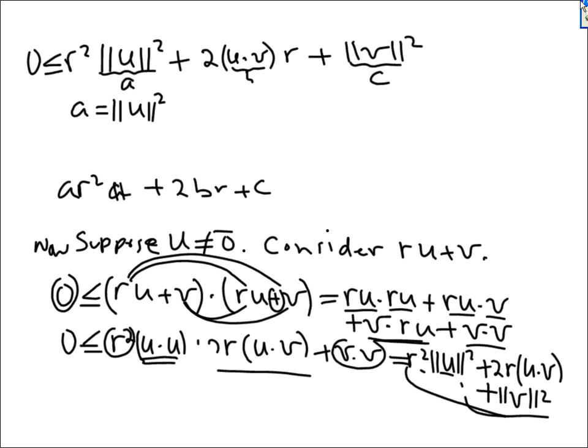Now remember, u is not 0, and the length of a vector can't be negative, and even if it could be, we're squaring it. So A is bigger than 0.